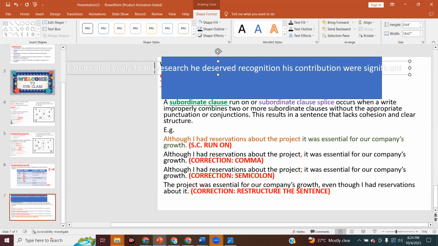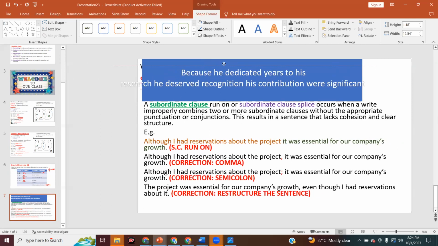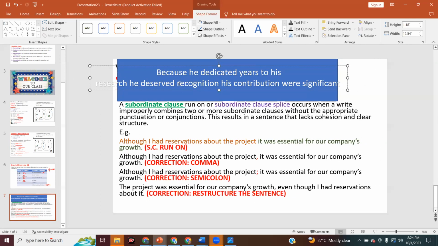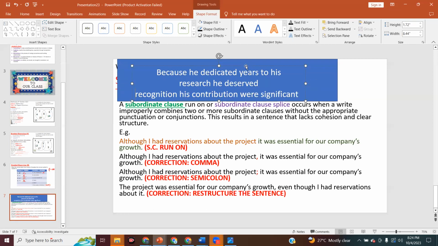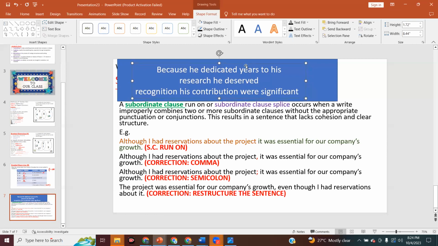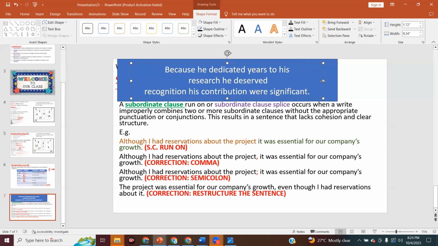So tell me, is it a subordinating clause run-on? Or is it a regular sentence that you could use in your paragraph? Write R for run-on and write S for proper sentence.